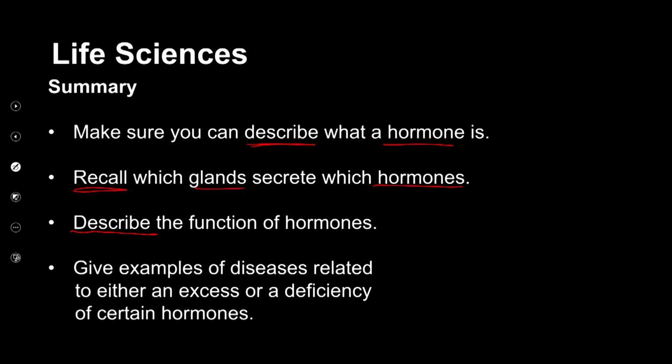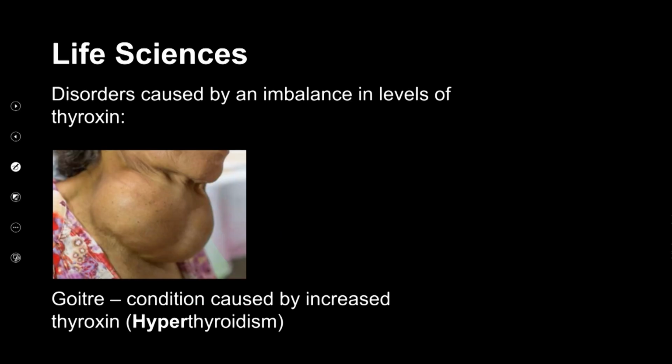You can describe the functions of the hormones. And you must be able to give examples of diseases that are related to the excess or deficiency of certain hormones. Like this one, this is goiter. The diagram indicates goiter. That is the condition caused by increased thyroxine.